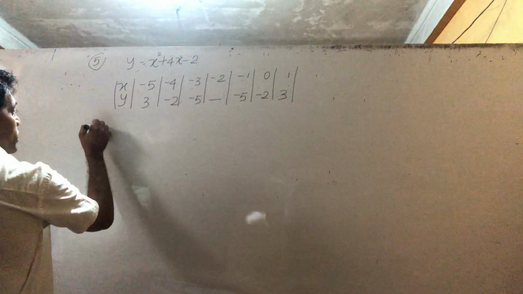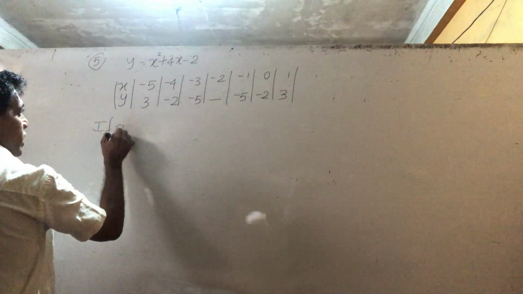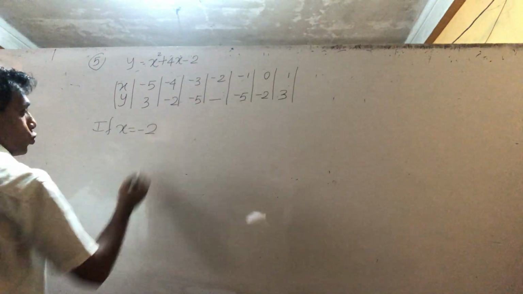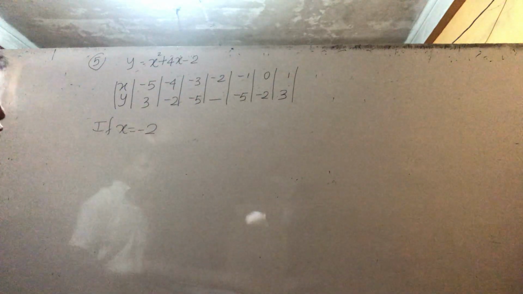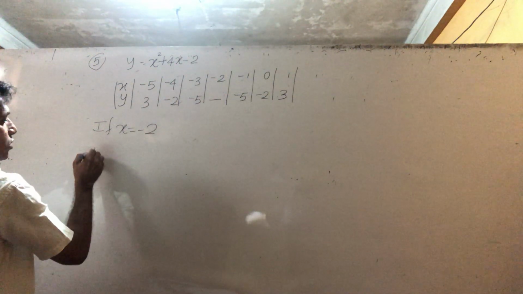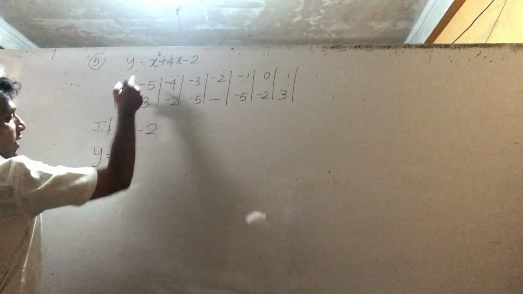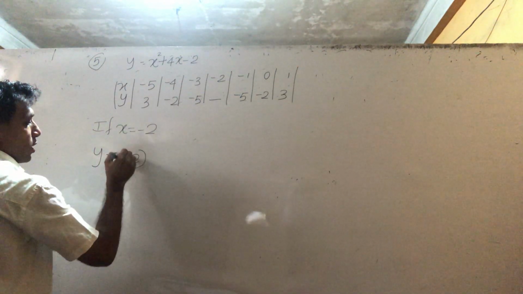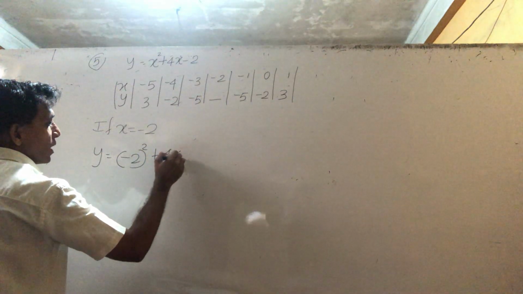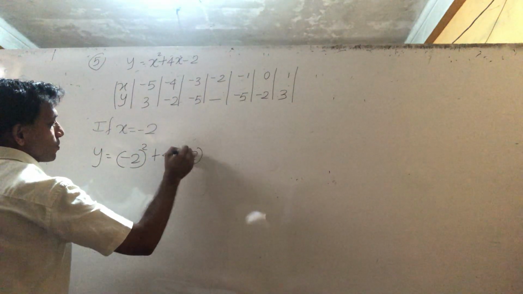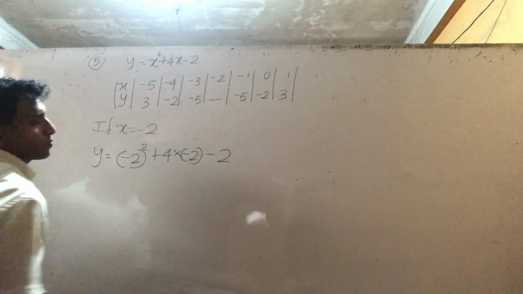So if x equals minus 2, what is the y value? y equals x squared plus 4 times minus 2 minus 2.